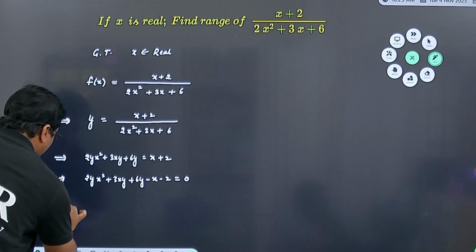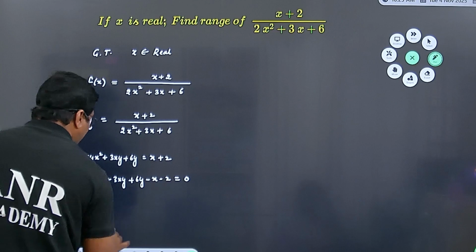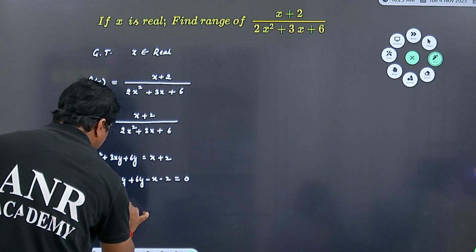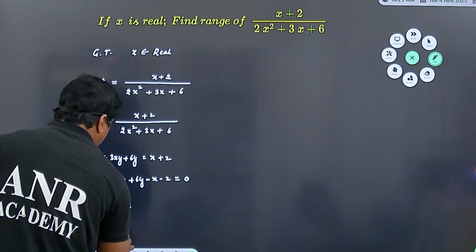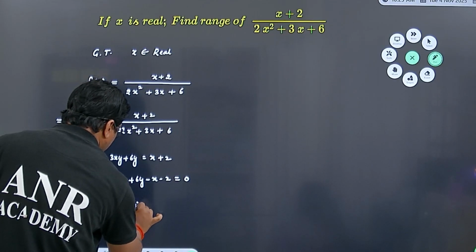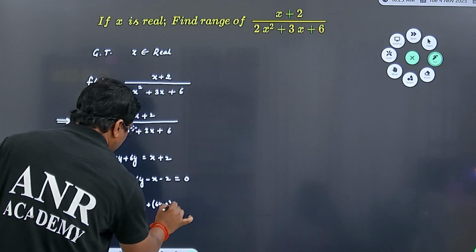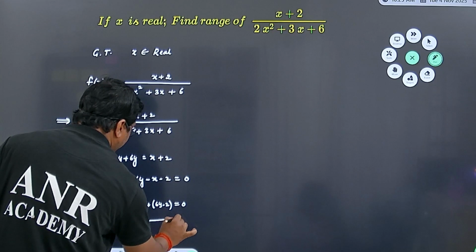Now I am going to write a second degree equation in terms of x. 2y of x square plus (3y minus 1) of x plus (6y minus 2), this is equal to 0.